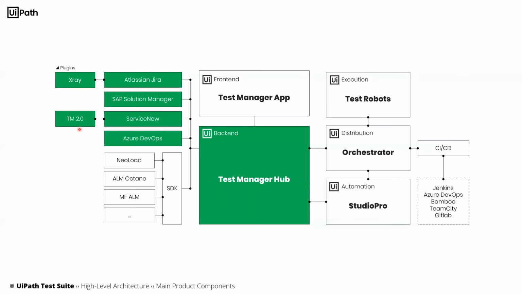And the second thing is, where do you define your tests? Studio and Orchestrator are not the right tools to define what tests you actually need when you take a look at your development process and the functionality in there. Usually you use a tool like ServiceNow or Jira to define your requirements.